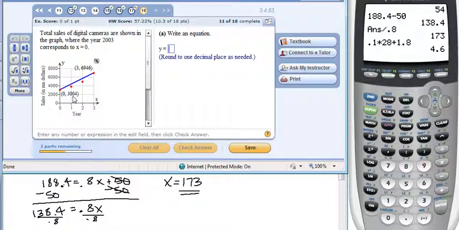Another thing is if you do the Ask My Instructor button here, you really do need to ask me a question. Don't just click and send, because I don't know what it is that you're having trouble with. Or if you've put an answer in that's incorrect, it's really difficult for me to know what's going on.